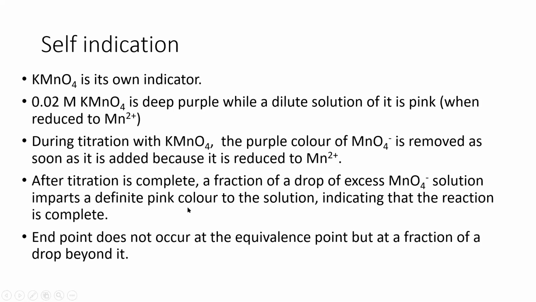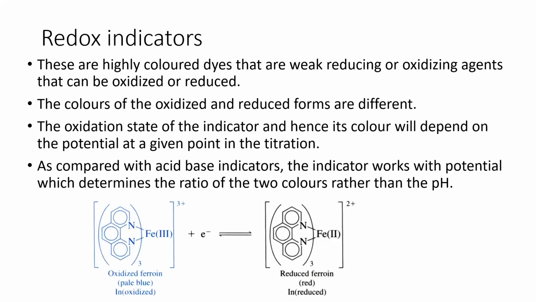The endpoint in KMnO4 titration does not occur at the equivalence point, but a fraction of a drop beyond it. That is why toward the endpoint you add it dropwise, so that just one drop changes the color and shows that the reaction is complete.